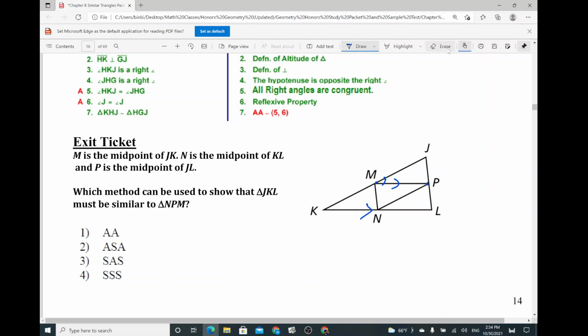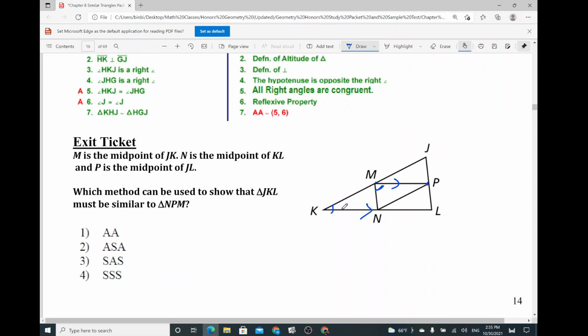Let's put it this way: angle NMP must be congruent to angle K. Another thing that we notice, this triangle versus the big triangle, we do know that those two angles are congruent, and anything that they share in common.